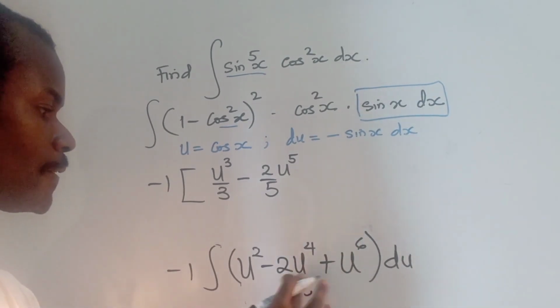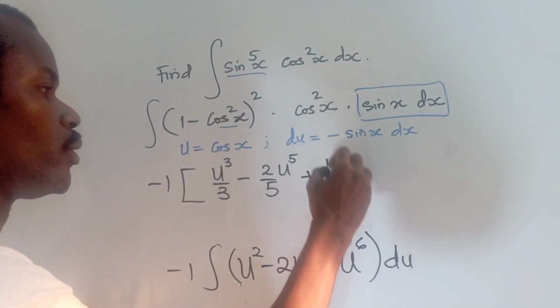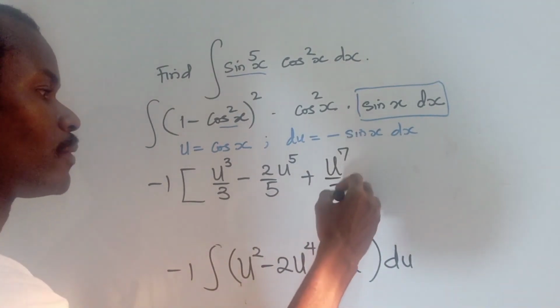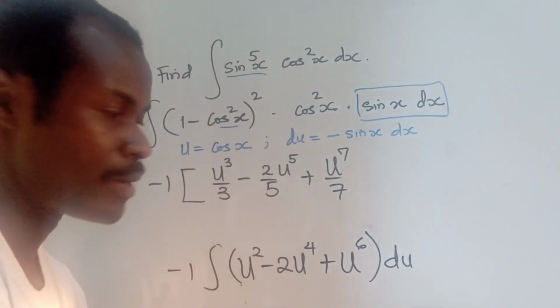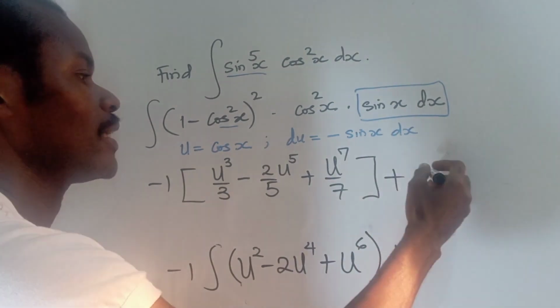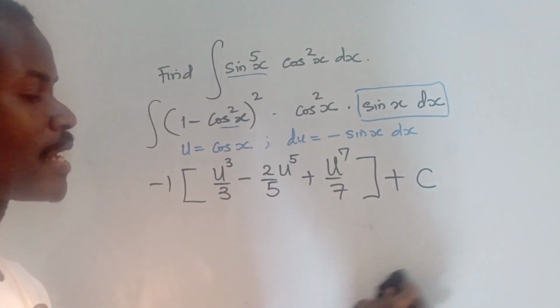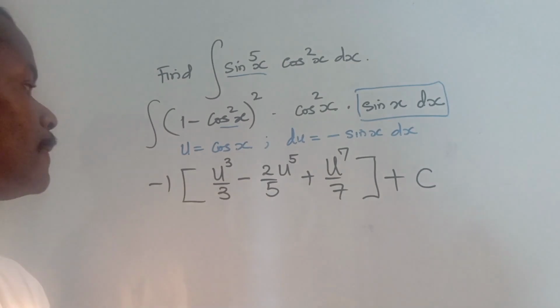Now for the next, we are going to add 1 here. So we have u to the power of 7 divided by what? 7, using our power rule. So plus, we can now put our constant. Now let's open the bracket and see what that gives us.